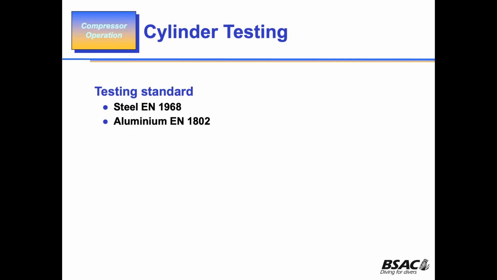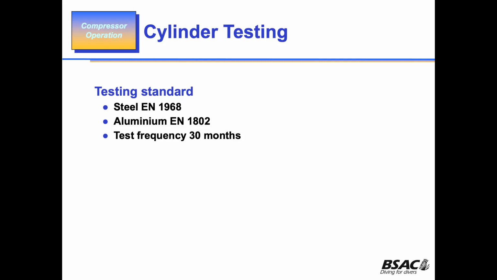You could be a smarty pants and go to your filling station and ask, what is your steel test standard? Do you test to EN 1968? If they're a registered filling station, they will. So there are the two test standards.